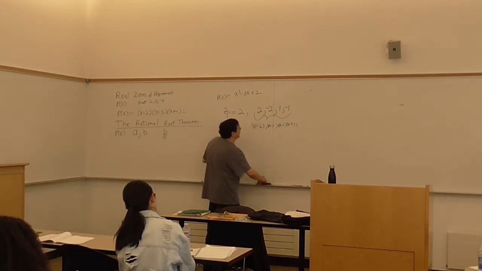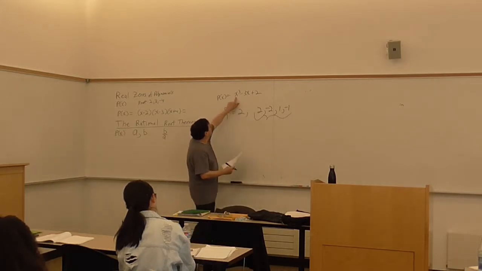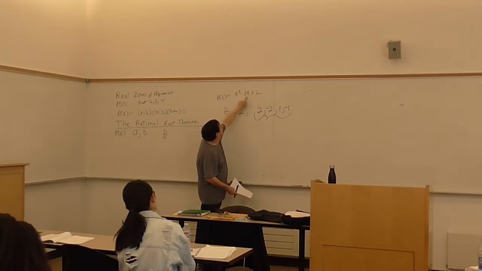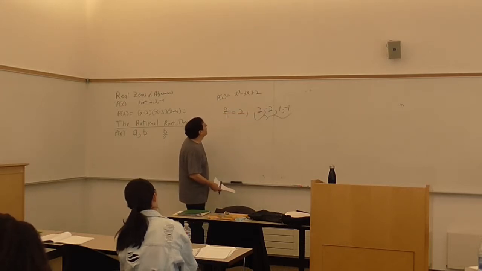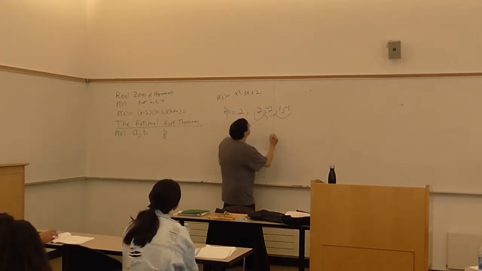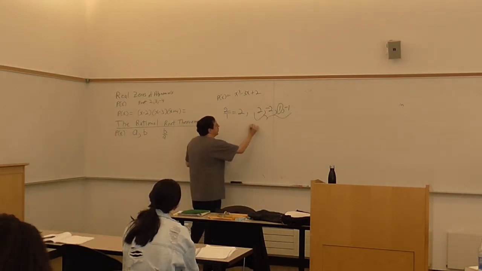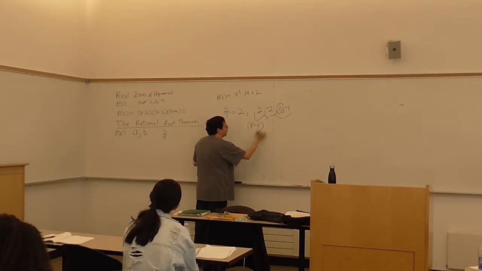So let's start easy. Let's start with 1. Oh, I think I should have started hard. Made it more difficult. 1 minus 3 plus 2 is 0. So that means 1 is a root, or x minus 1 is a factor.